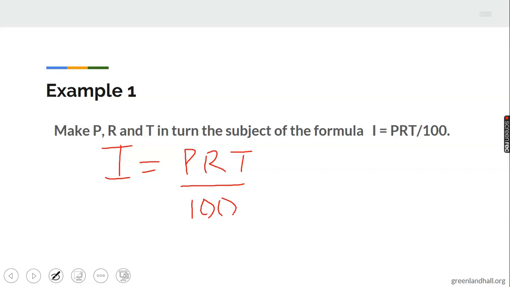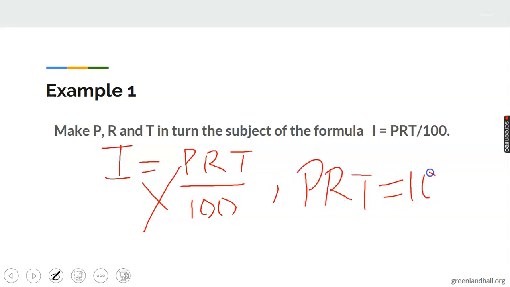The first step is to cross multiply. If I cross multiply, I'm going to have PRT equals 100I. Is that not interesting? I've moved from a bigger problem to a simpler one that is very easy to undo now.